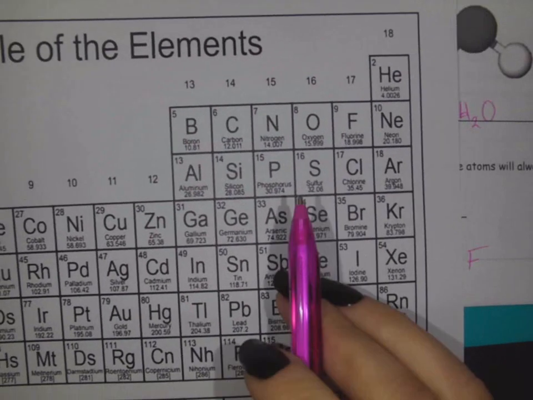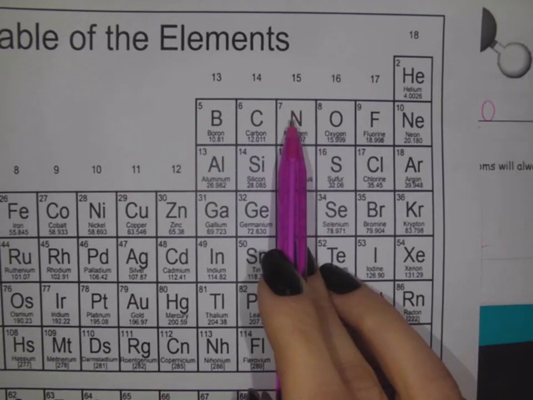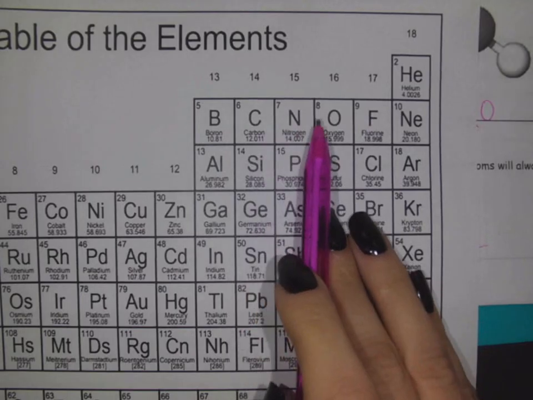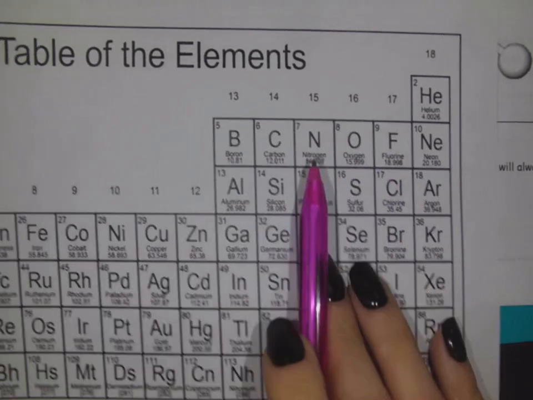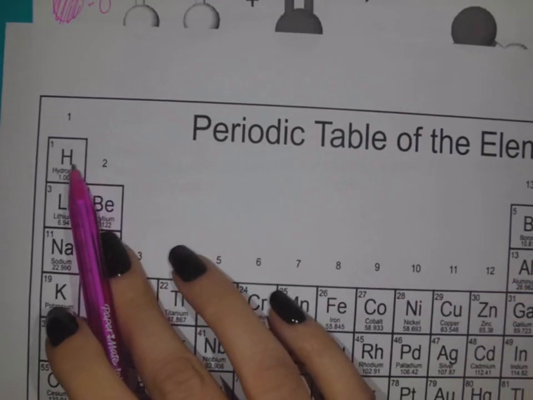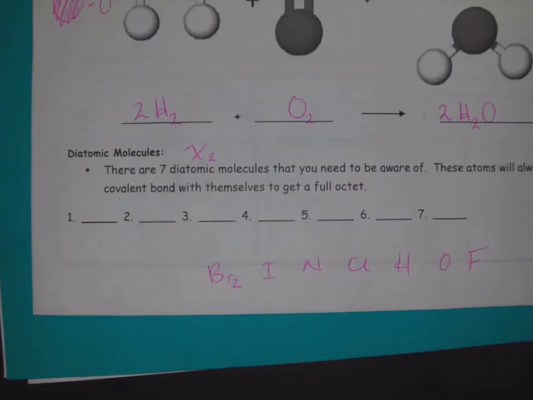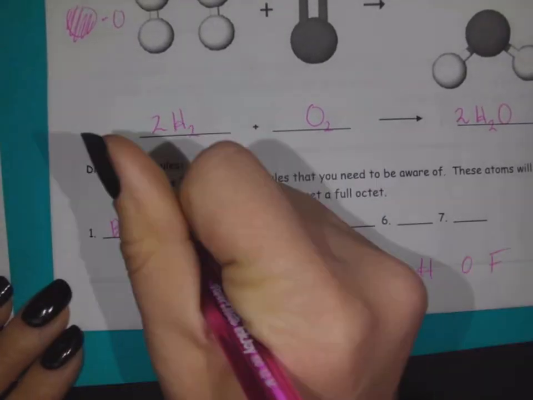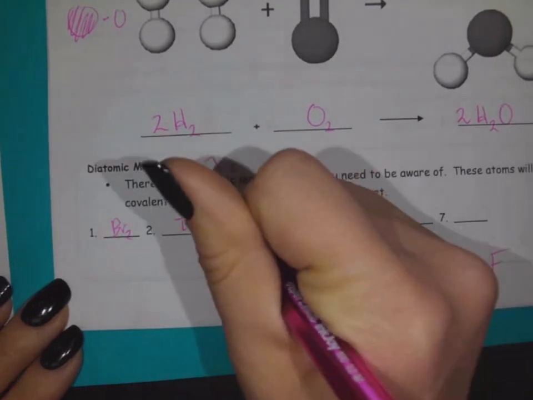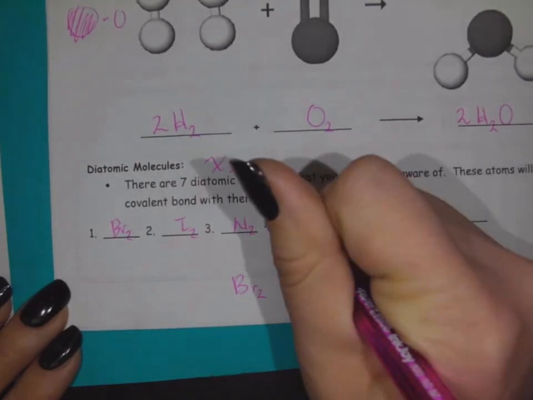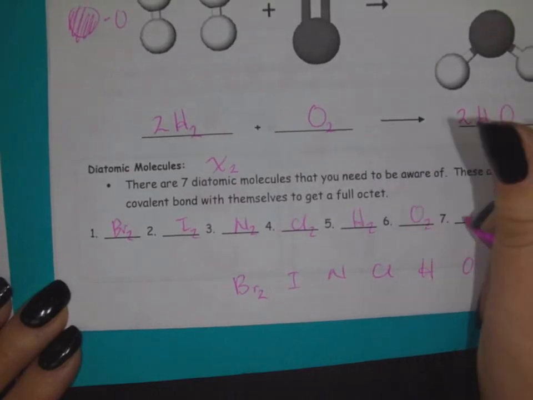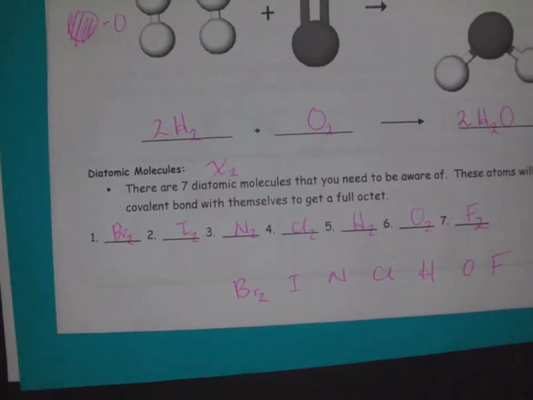These same elements are next to each other on the periodic table, and they make this upside down and backwards L shape right here, and hydrogen. So what are these diatomic molecules? They're Br2, I2, N2, Cl2, H2, O2, and F2.